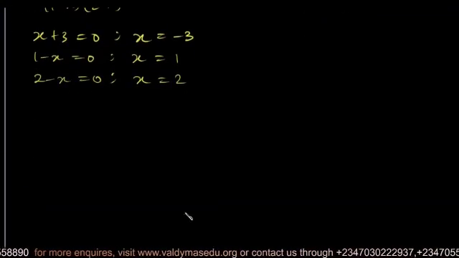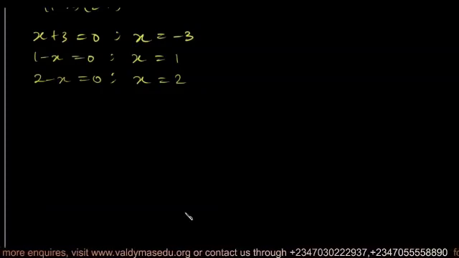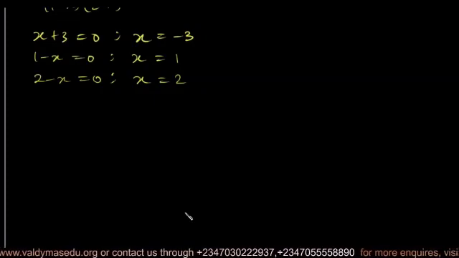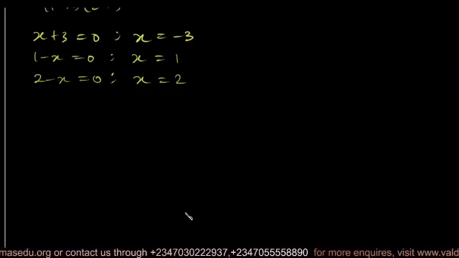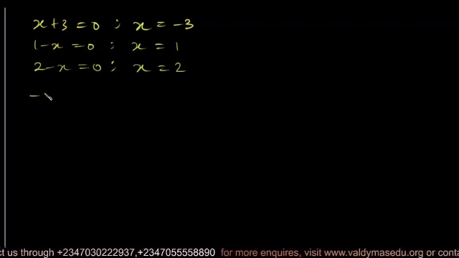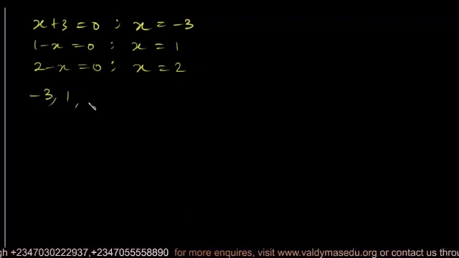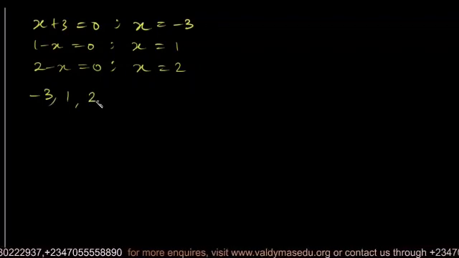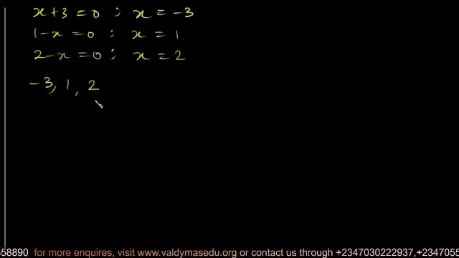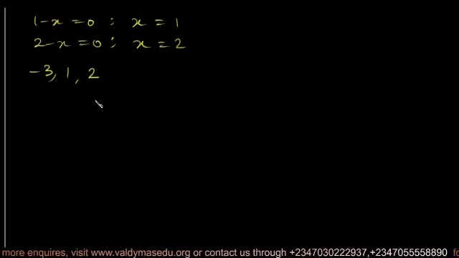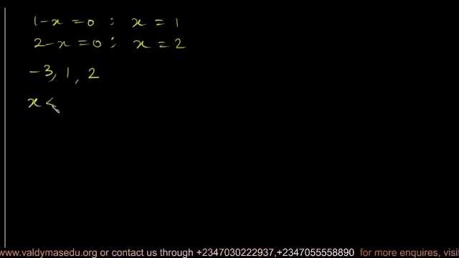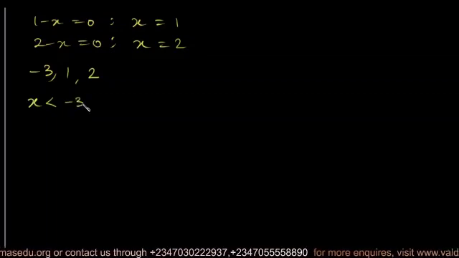After that, the next thing you do is rearrange the values of x from the smallest to the biggest. The smallest number here is minus 3, followed by 1, then 2. Next, you write the inequality ranges. You start with x less than minus 3.